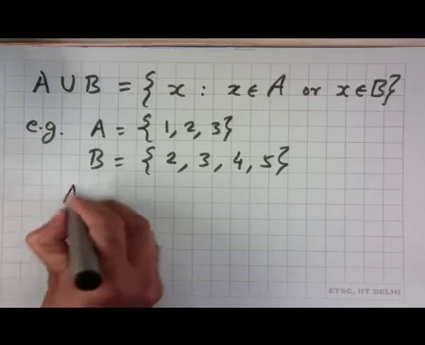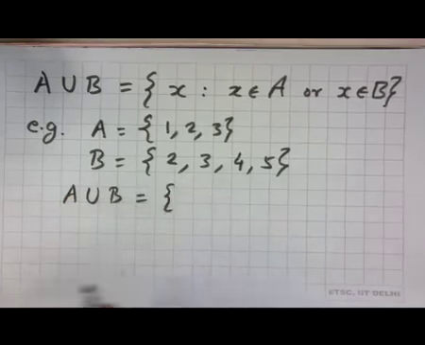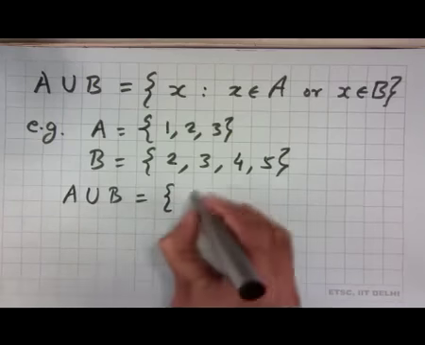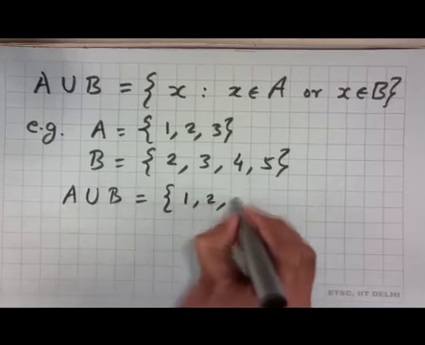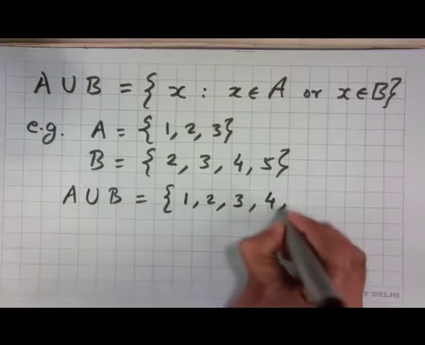Then A union B, it must contain all the elements of A and all the elements of B. So, we write 1, 2, 3 and then we have 4 and 5.